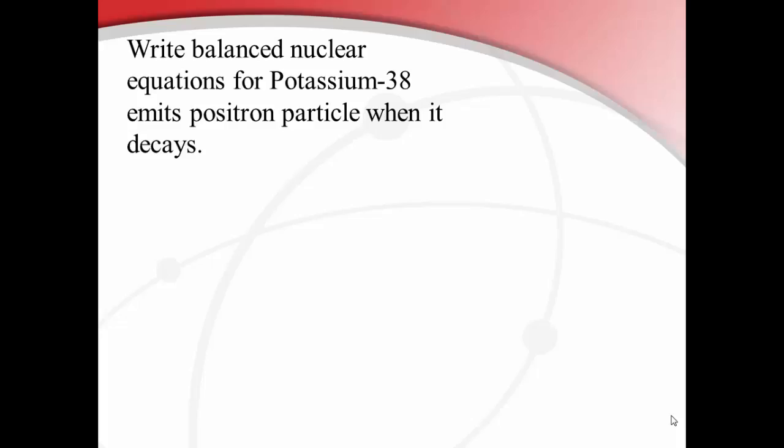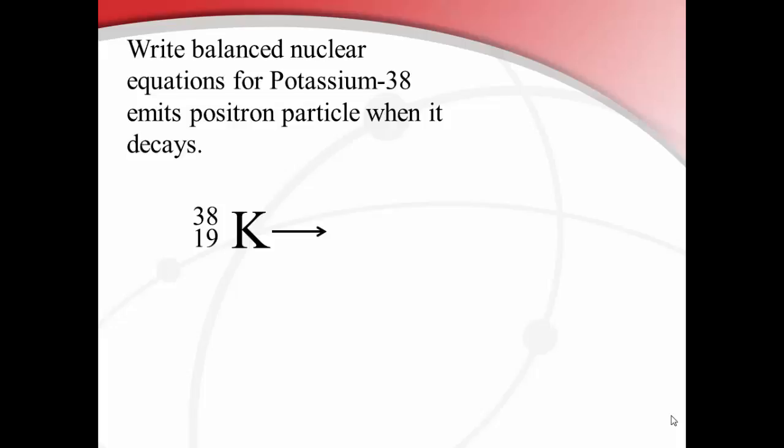Write the balanced nuclear equation for potassium-38 when it emits a positron from the nucleus. We begin with potassium-38. Mass number 38, atomic number of 19.